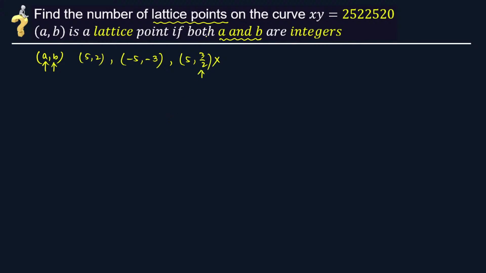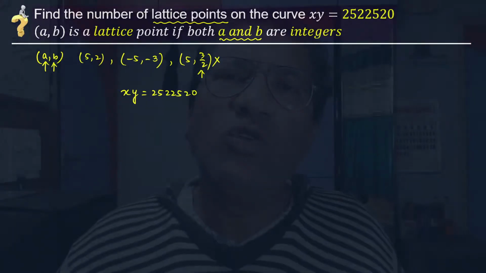Now you have to find the number of lattice points on the curve xy is 2,52,2,52,0. Okay? How to do this? Now think about it. This sum is exactly the same as the sum we have done. 2,52,2,52,0. The number which is given to us is a natural number.